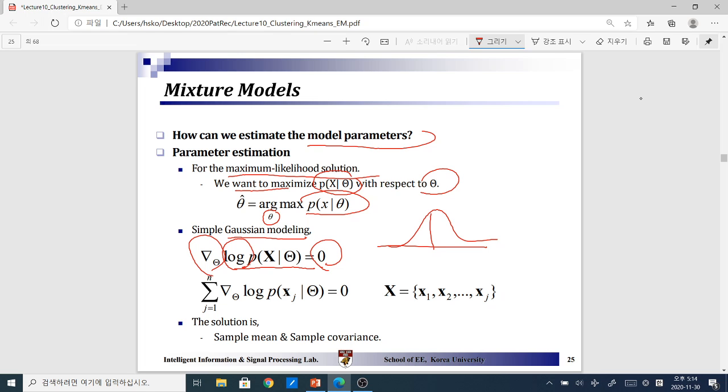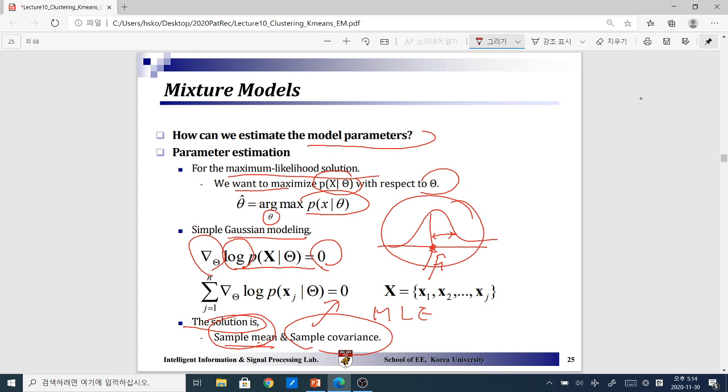So this is going to be good, once again, if you have a simple case like this with a single mode, a Gaussian case. The solution from this MLE process is essentially the sample mean for the location mu, and then the sample covariance.